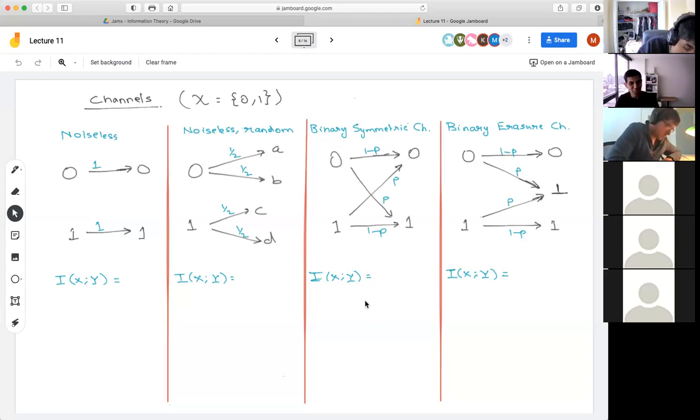What's the mutual information of x and y? In each of these cases, you can write the mutual information in terms of the distribution p of x, and then we will try to optimize over p of x.